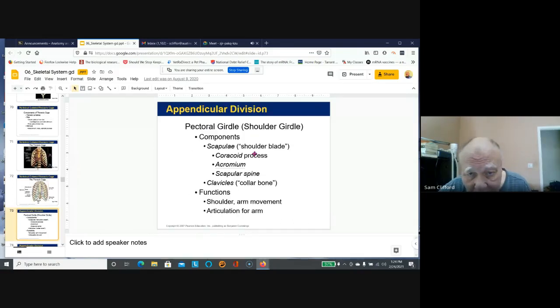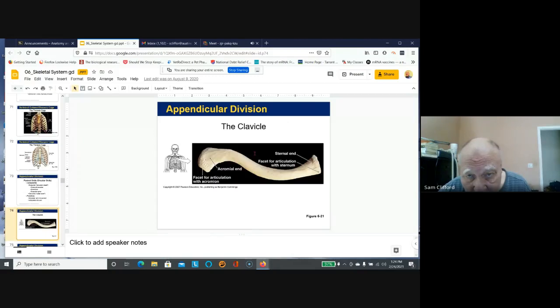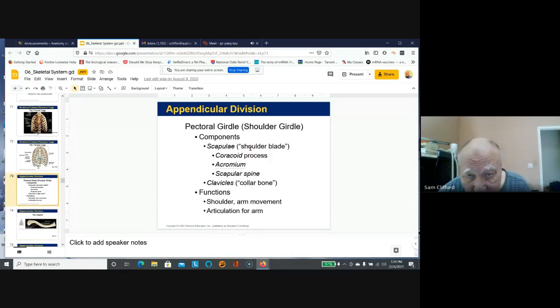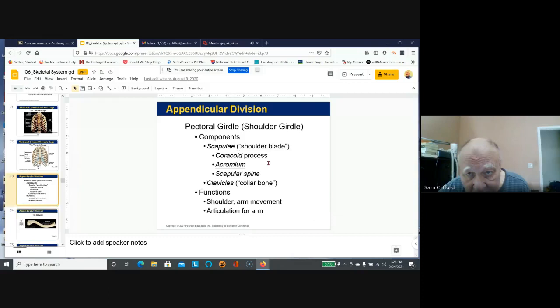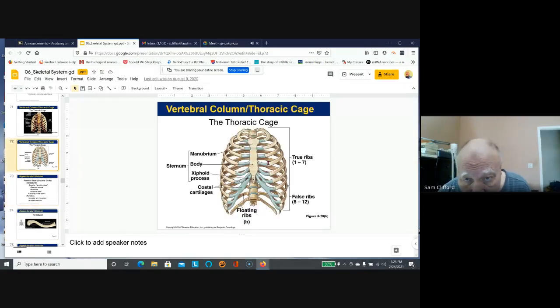Okay, then we can look at the pectoral girdle. We just want you to know parts of the scapula, and those will be covered in WebAssign assignments. This is the clavicle bone.